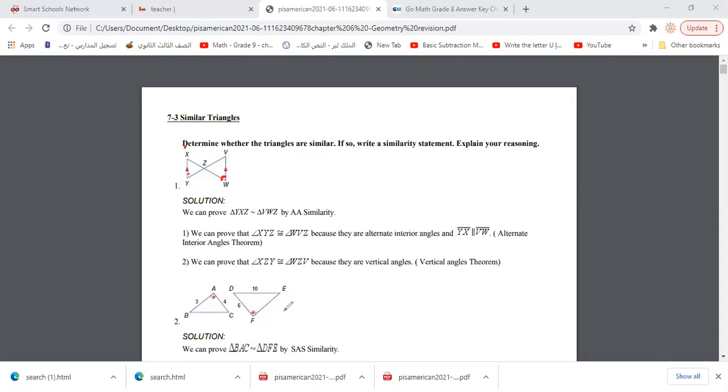Then we have to use what? Grade 8, grade 9? Pythagorean theorem. Very good. Because this is not enough information to prove that the two triangles are similar. Then we will use the Pythagorean theorem to find the third side, and then we will compare the two corresponding sides.